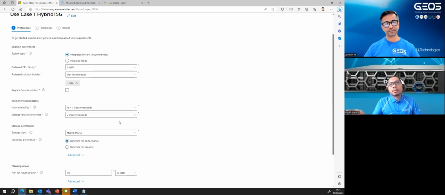N+2 means that even if you lose two nodes, your data is still online and still accessible. Usually, when we enable failure tolerance up to two nodes, we use what we call mirroring. So we have three-way mirroring starting from 3 nodes, and then two-way mirroring for 2 nodes.